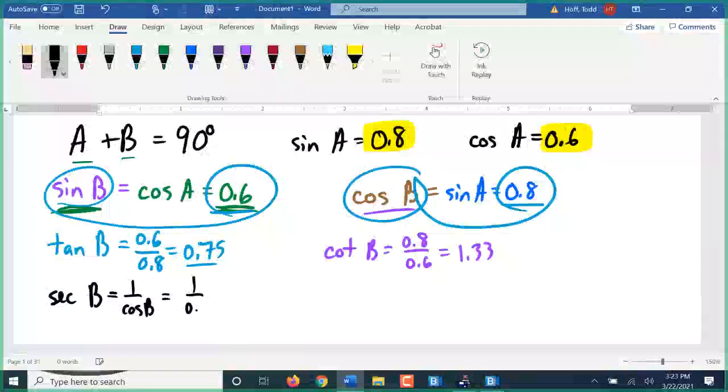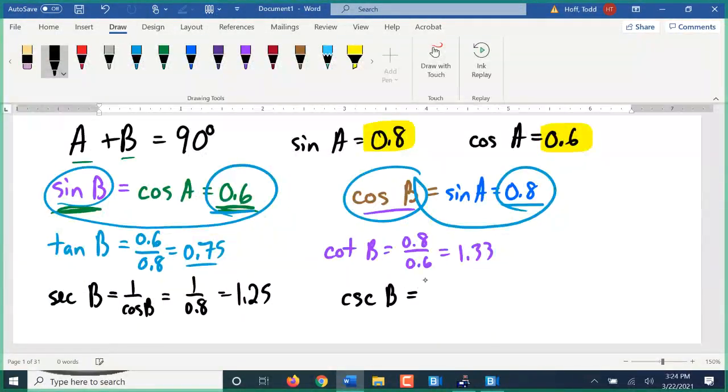One over the cosine, so 1 over 0.8. You got it. That's 1.25. Cosecant of B? One over the sine of B, 1 over 0.6, yep. 1.67 if you want to divide it out.